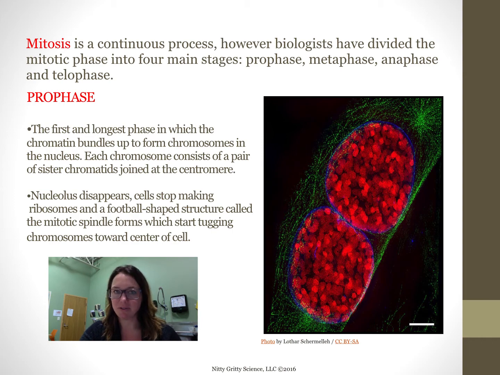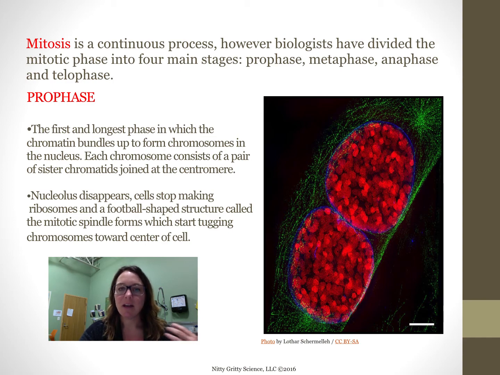Prophase is the first phase, and it's the longest phase, in which those loose bundles of chromatin inside the nucleus bundle up to form chromosomes. Each chromosome will consist of a pair of sister chromatids that are joined at the centromere.